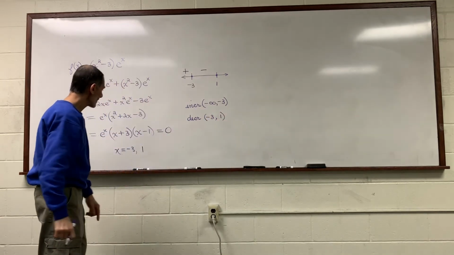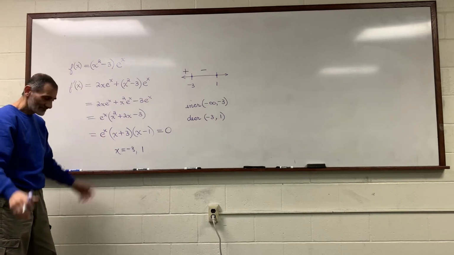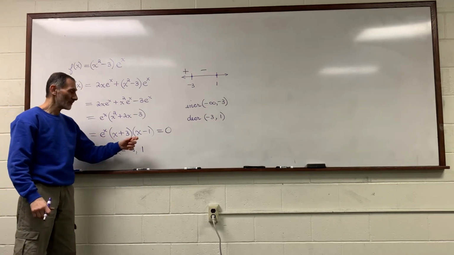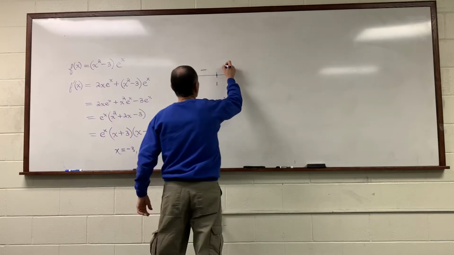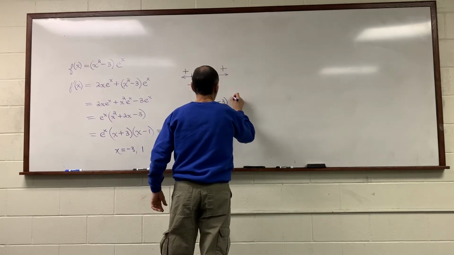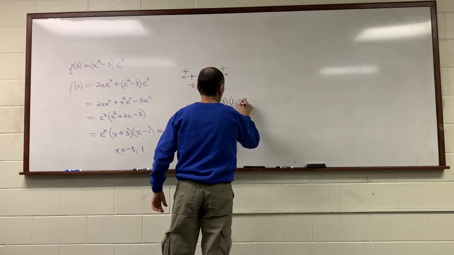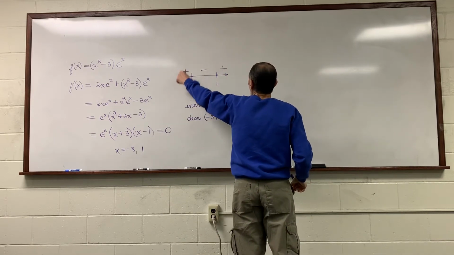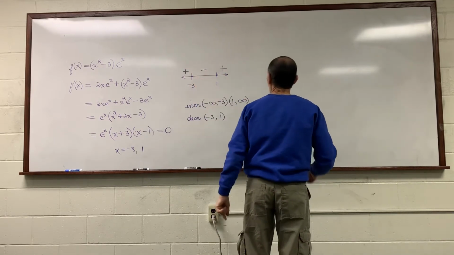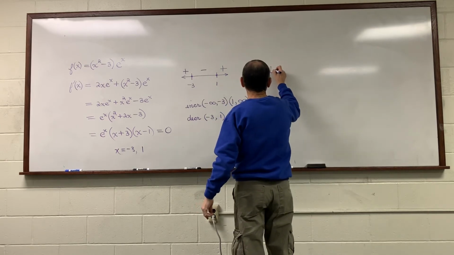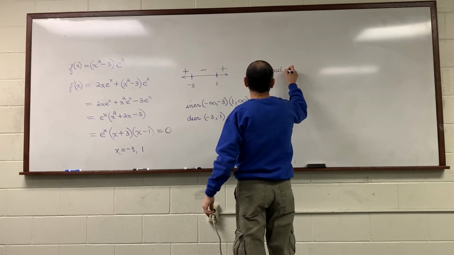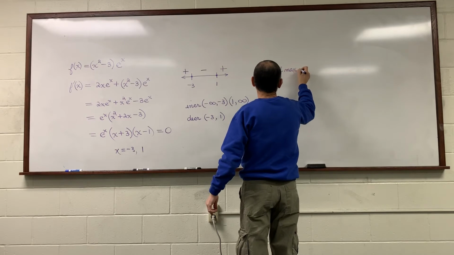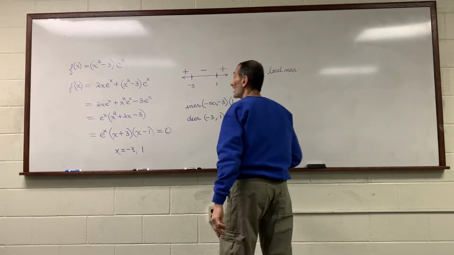Try a number greater than 1, say 1,000,000. Positive, positive, positive. The function is increasing from 1 to infinity. Again, we can see that since we go from increasing to decreasing, we have a local maximum. And our local maximum occurs at x equals negative 3.